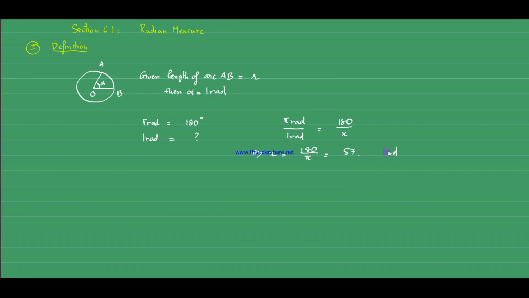So 1 radian is 57.296 degrees. So from here you see that we can convert every radian measure into degree measure, and we can convert every degree measure into radian measure easily, right?